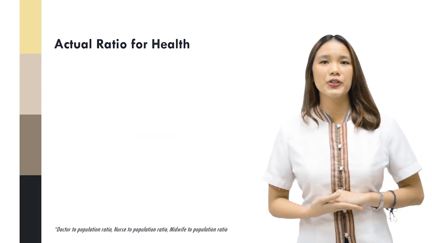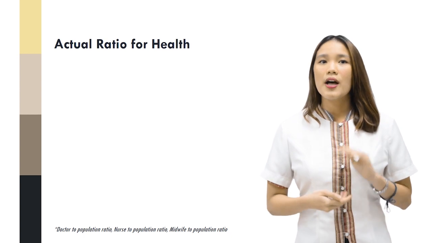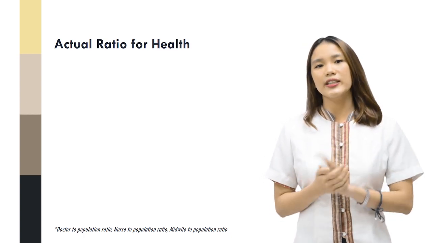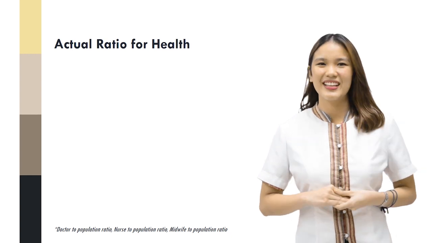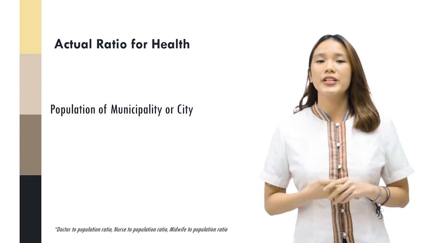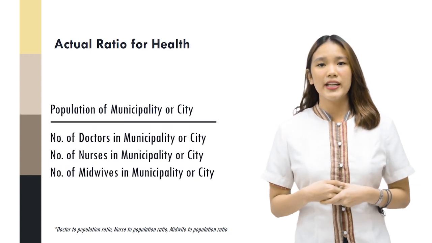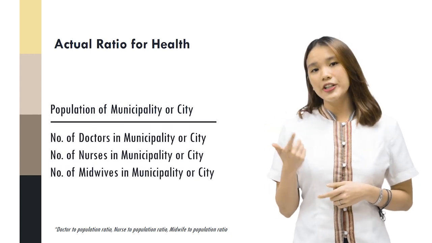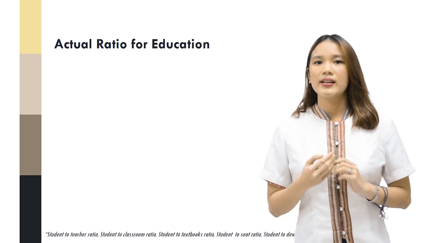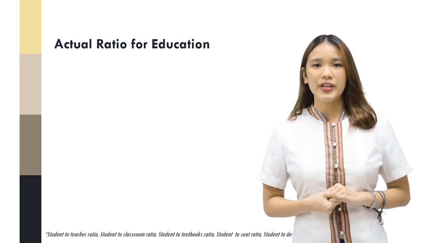So how do we compute for the actual ratio? This can actually be just simple mathematics, but tedious work when combined. The total number of population in the city or municipality divided by the number of doctors or nurses or the midwives. Same thing goes for education.